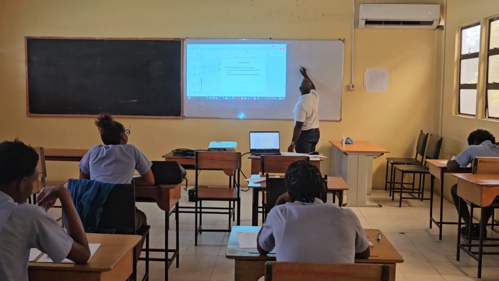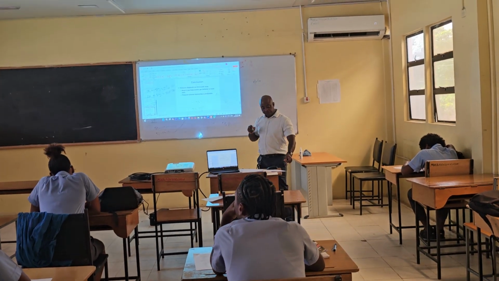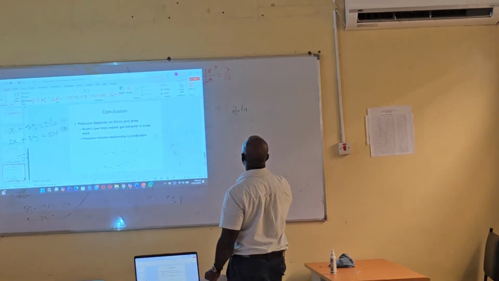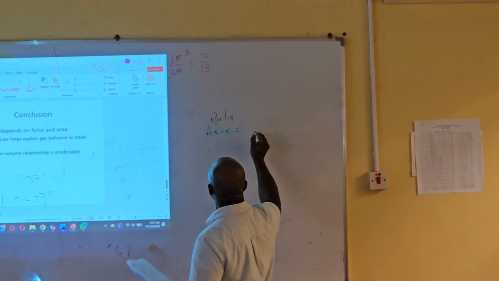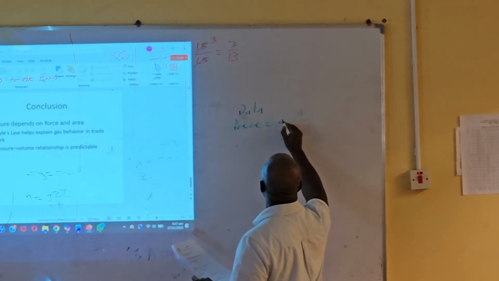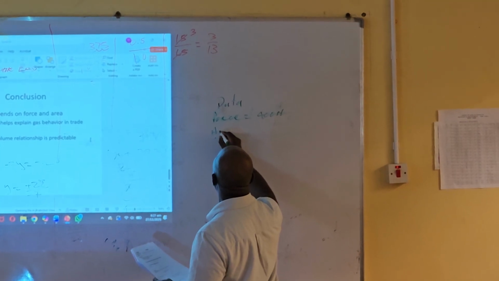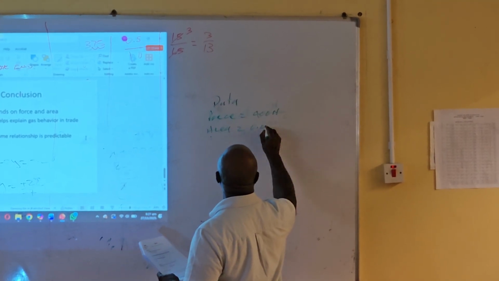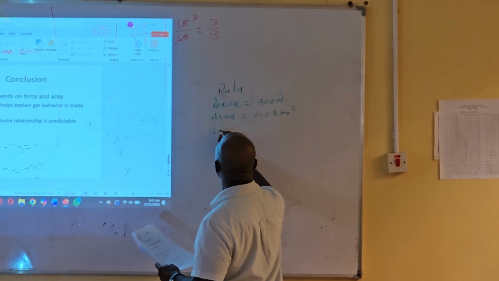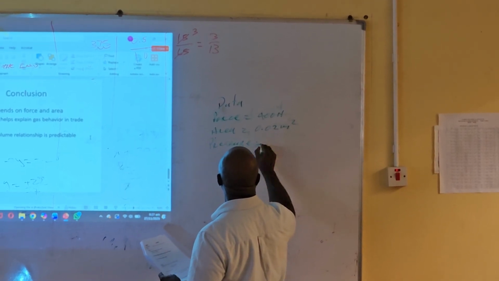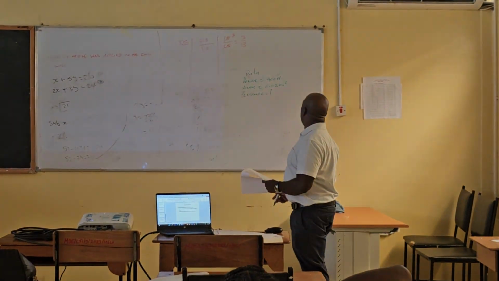So the data is, what's the first thing in the question? The force. And the force is equal to how much Newton? 400 Newton. And then we have the area, 0.02 meters squared. And what do we find? Pressure, and you put a question mark at pressure.